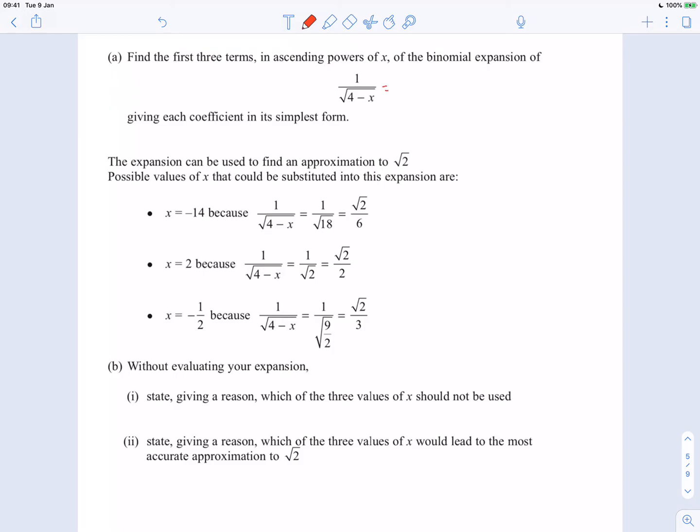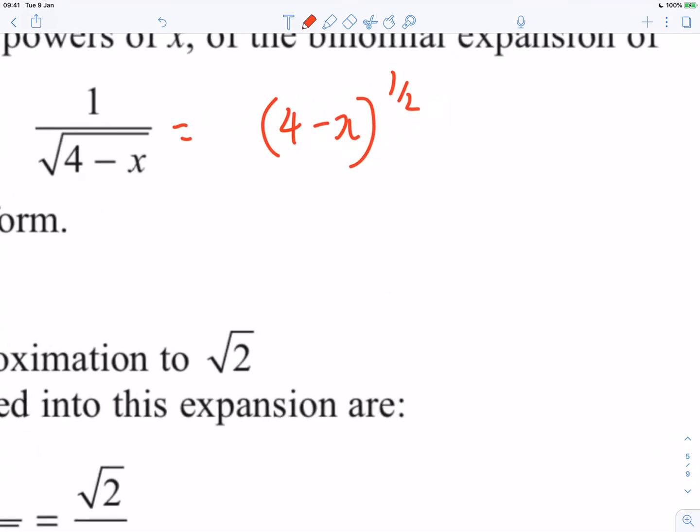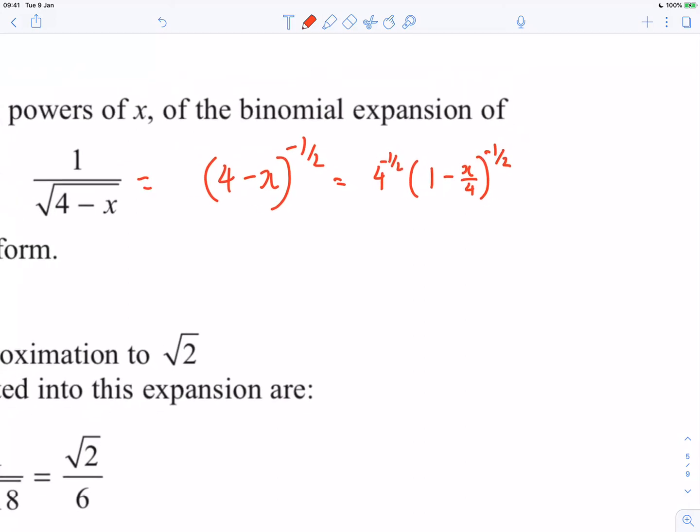So that thing we can write as 4 minus x to the power of negative a half, which is the same as 4 take out factor, so that's 4 to the negative half, and that would be 1 minus x over 4 to the negative half. Sorry, that's the minus half. Yes, okay.